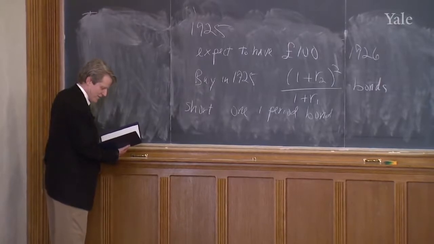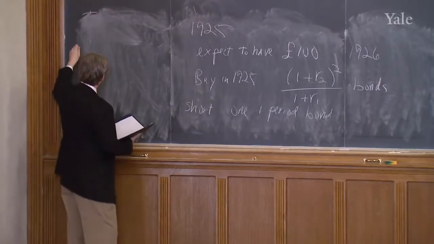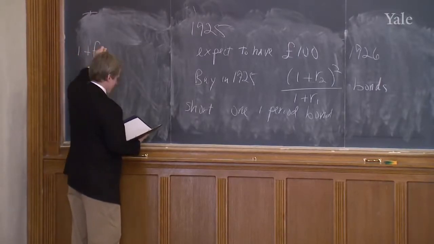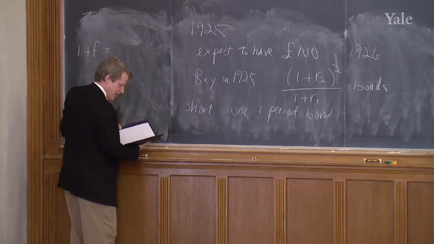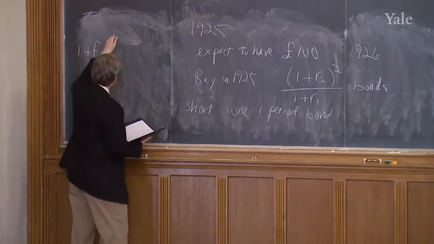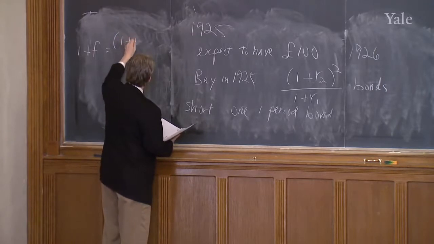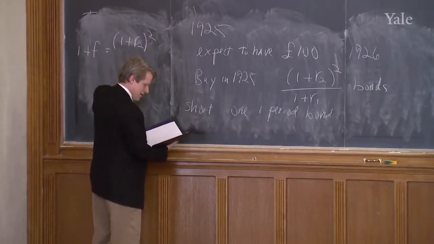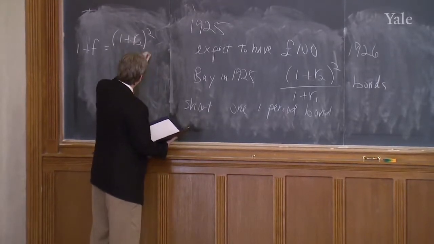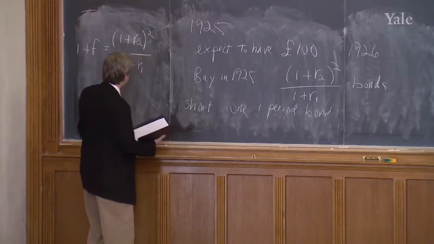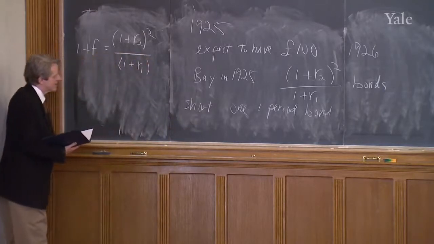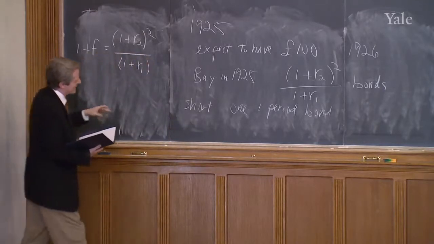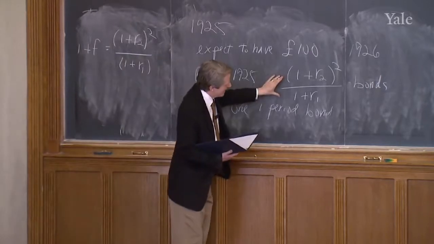And so that forward rate, we'll say 1 plus the forward rate, F, is equal to (1 + R2) squared all over (1 + R1). It's just the amount that I get. Because this is what I'll get if I bought this number of bonds.